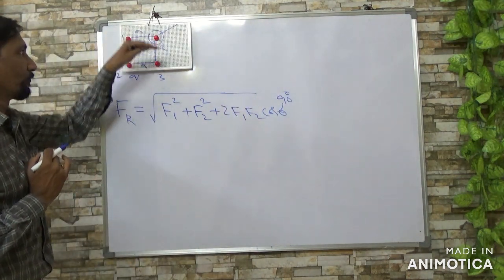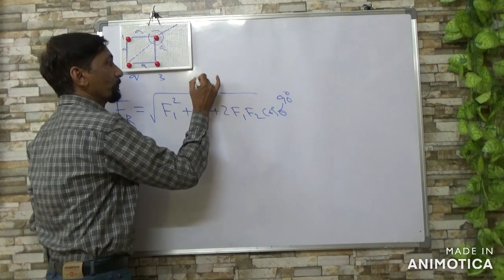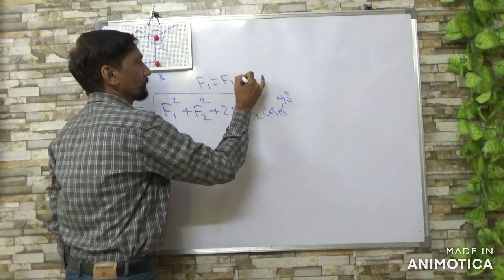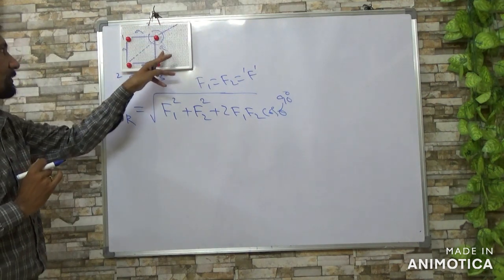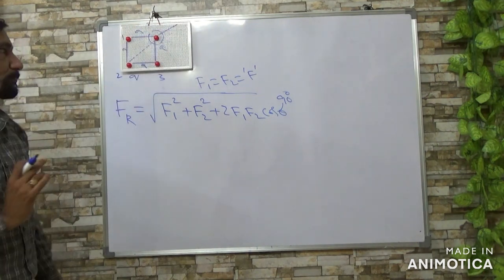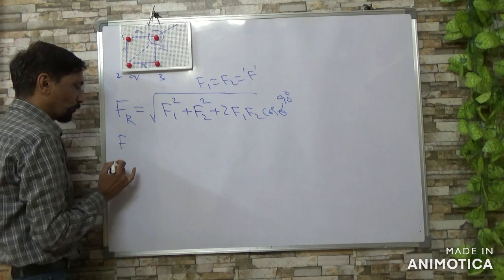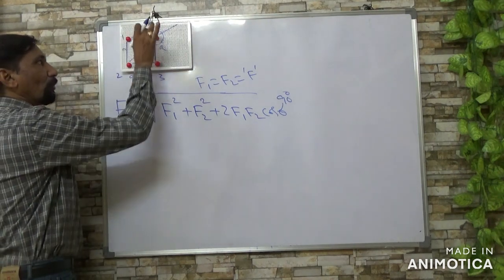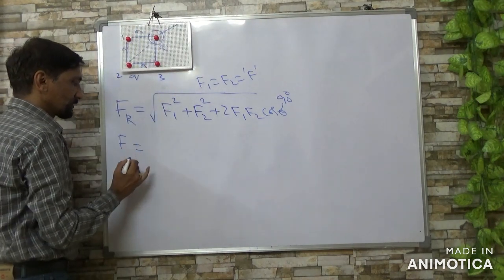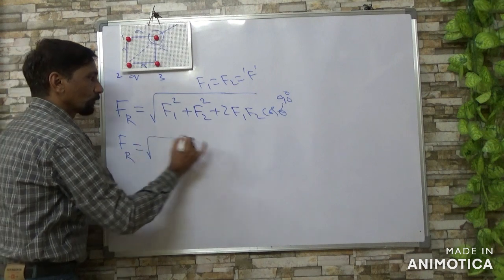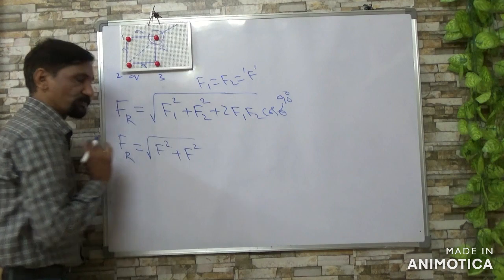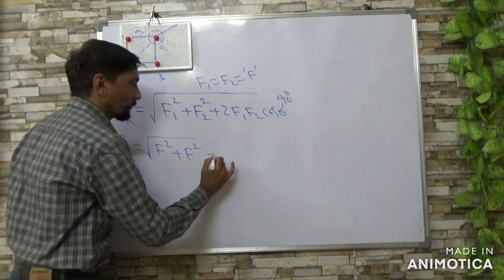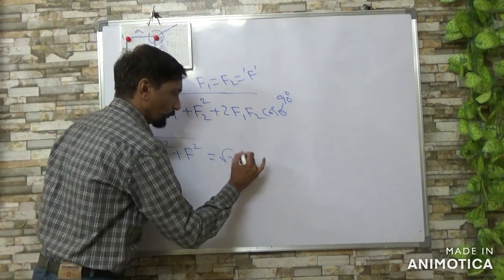And the magnitude of the force, if you notice, is the same, because the charges are identical and the distance is also the same. So the resultant force of 1 and 3 on this is root over F square plus F square, nothing but root 2 F.